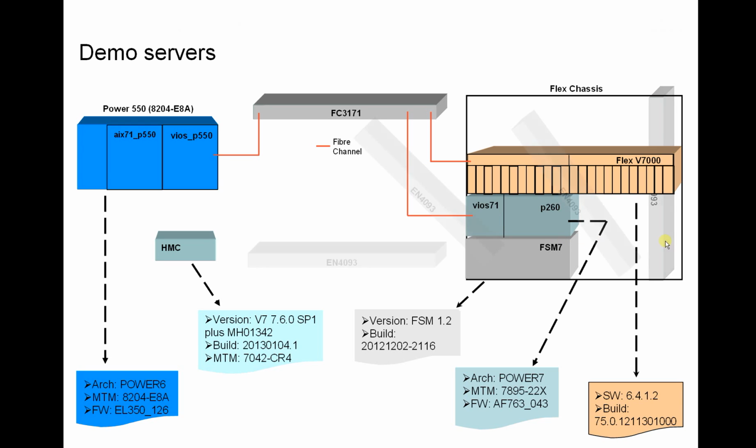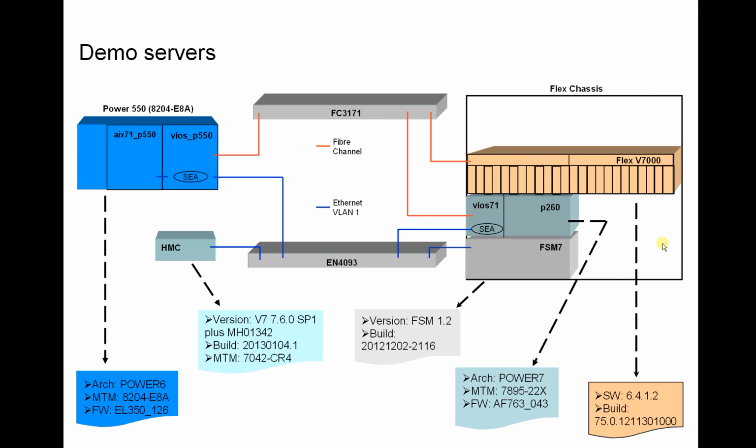Now I pull my Ethernet switch out of the chassis, and I show you that what I've done is, again, simplified things. I've got a single VLAN, of course, not recommended, for both management and everything else. So I'm using this for everything.